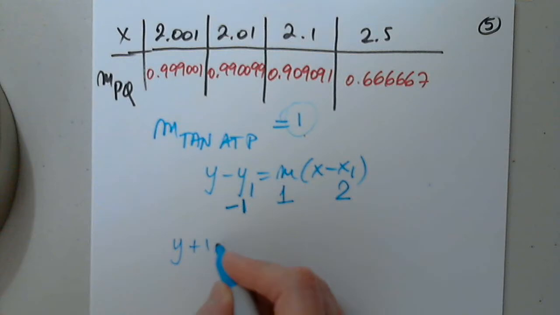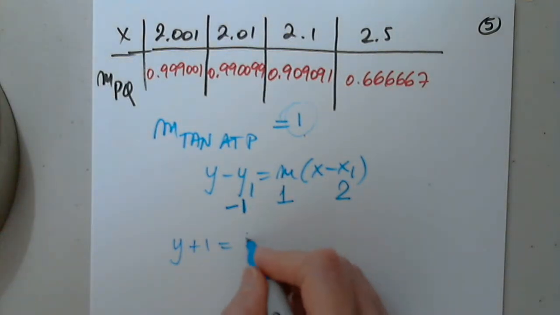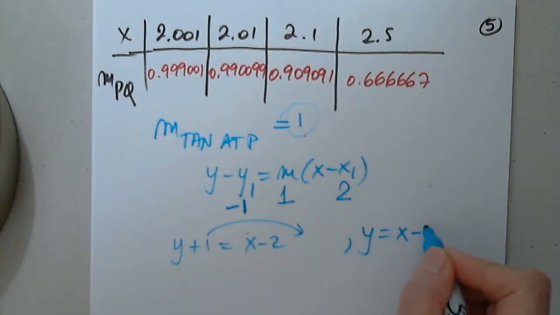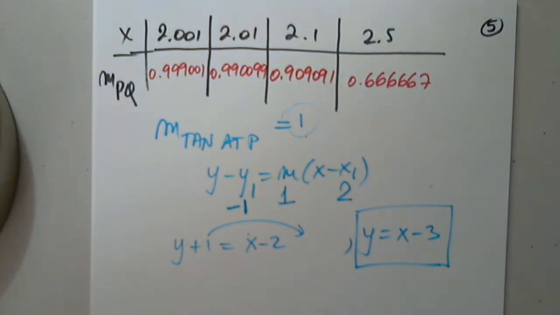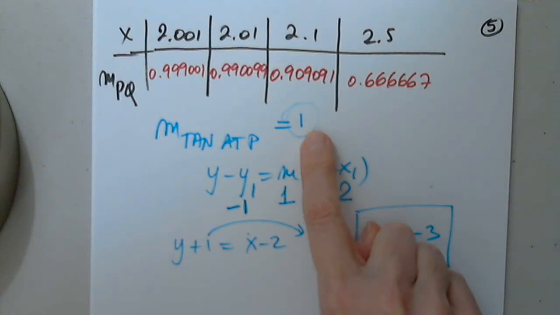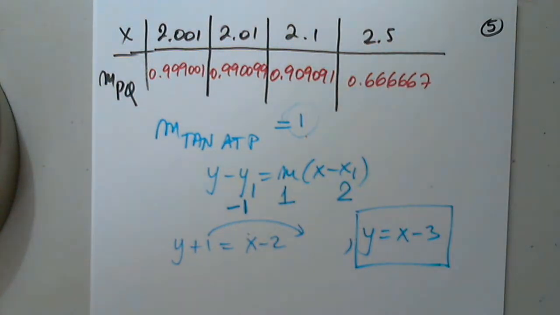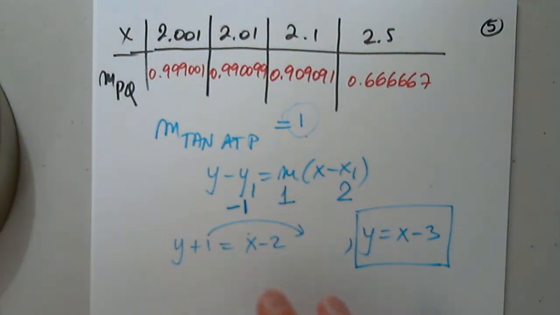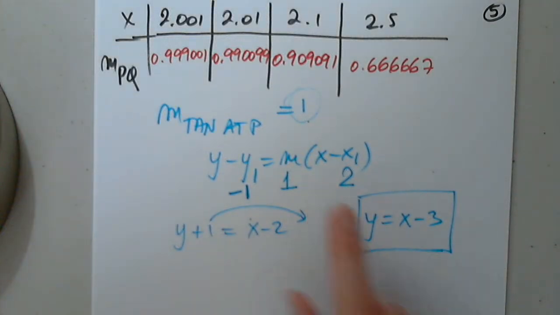So then I have y plus 1 equals x minus 2, and I move 1 to the other side, y equals x minus 3. So the instantaneous rate of change, if that function were distance, I would have said it would be 1 at P, and the equation of the tangent line, which is again a big deal, is y equals x minus 3.